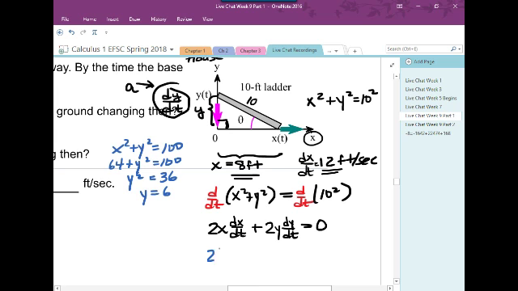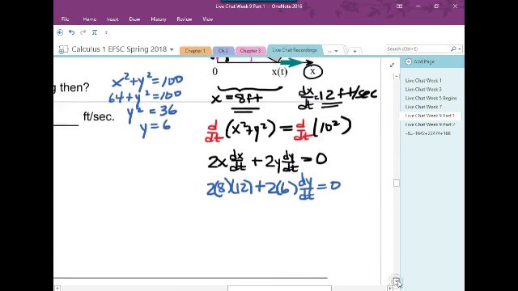So let's plug everything in. We have 2 times 8 for x, dx dt is 12, plus 2 times y, which is 6, and the dy dt that we're looking for stays a variable.